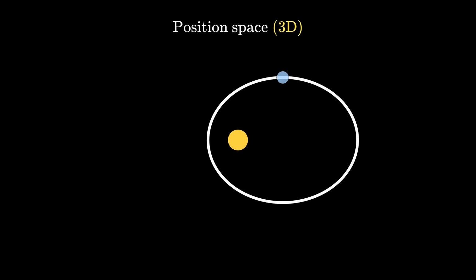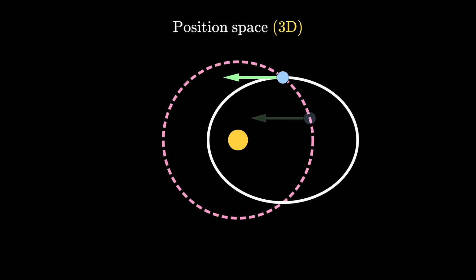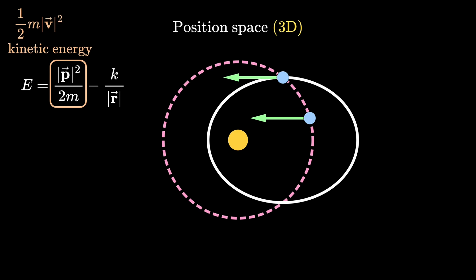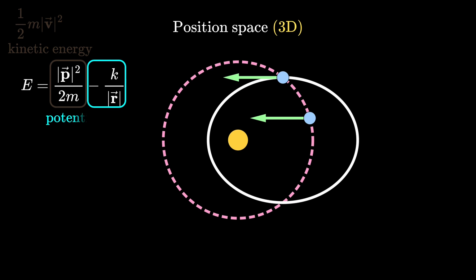Take a point on the orbit and the corresponding momentum, and translate it across the circle centered at the star. But why do we do this? Energy is given by this expression, where the first term is the kinetic energy, rewritten slightly from the more familiar half mv squared. The second term is the potential energy, where GMm is denoted as k, as before.